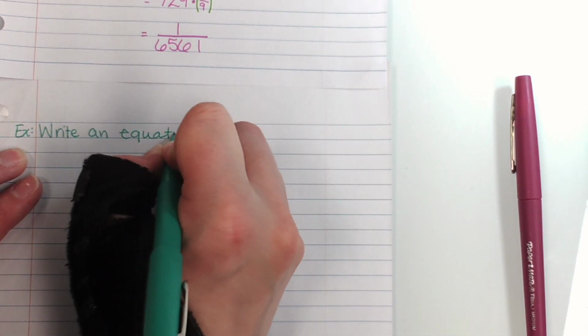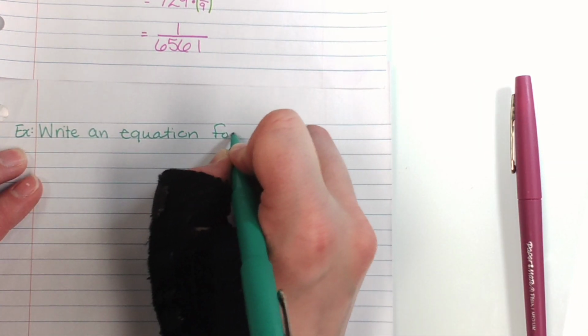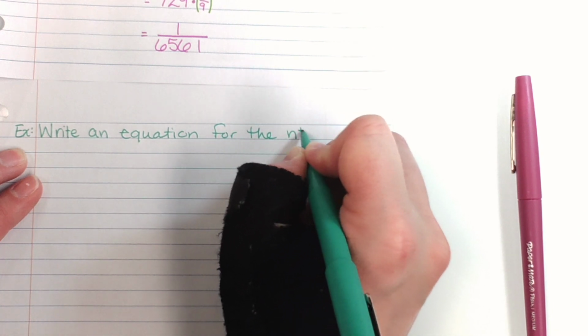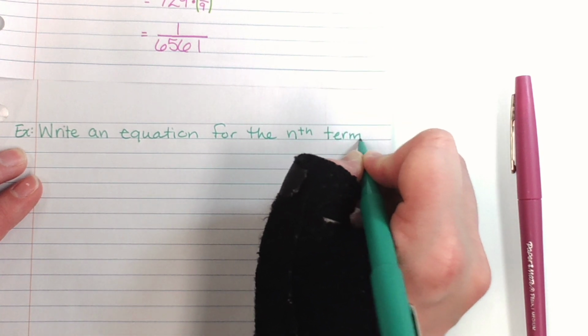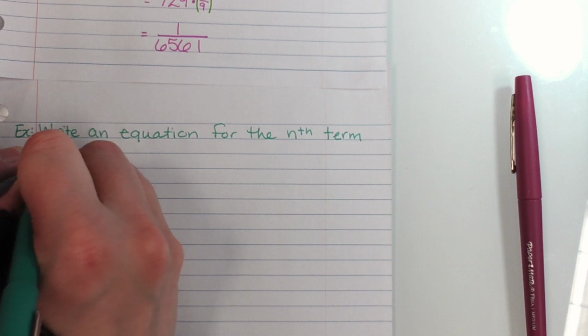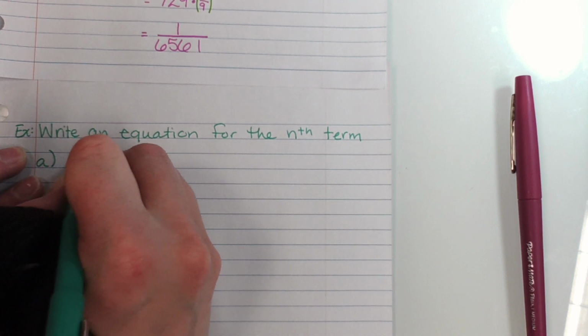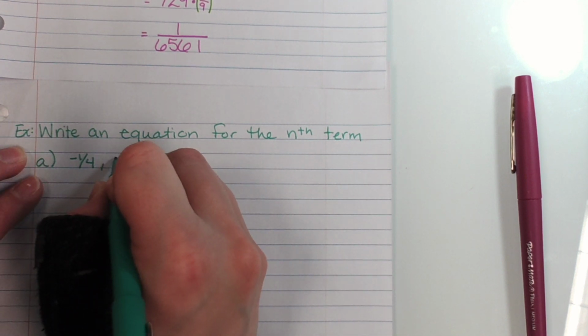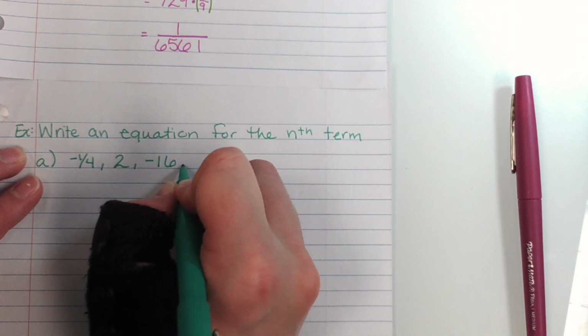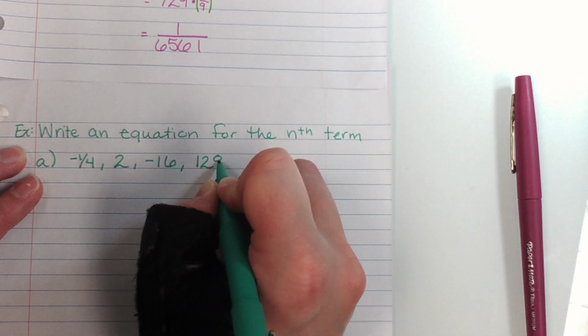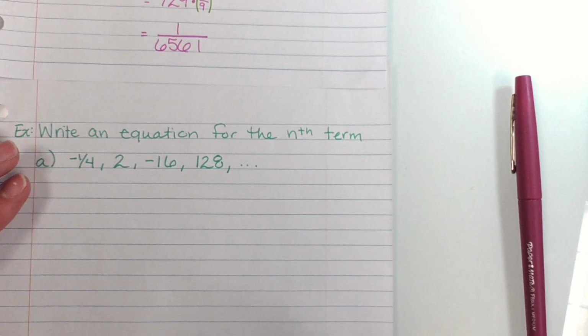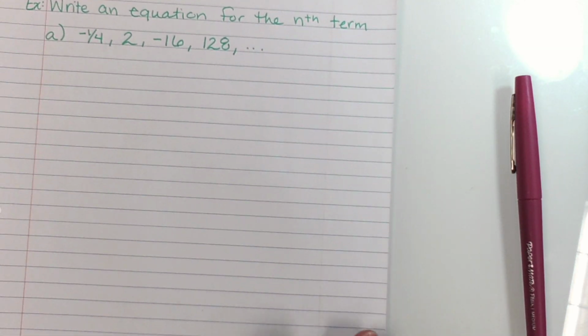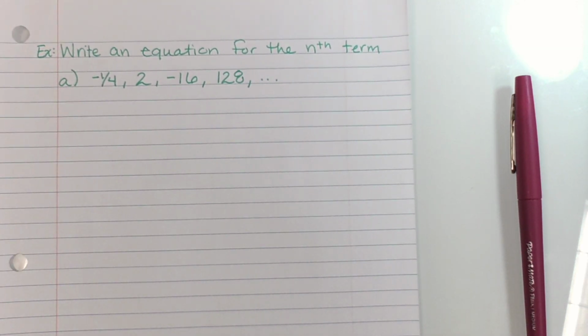You might be asked to write an equation for the nth term. Now to write an equation, remember a sub n and n both stay variables.